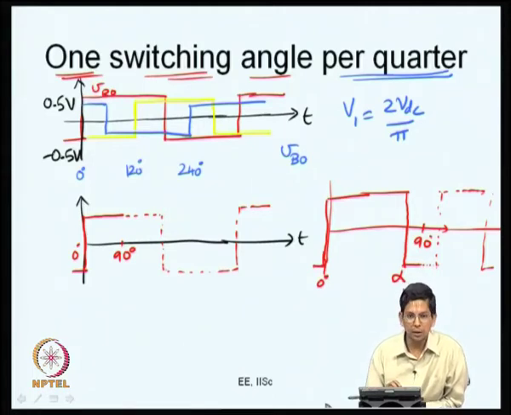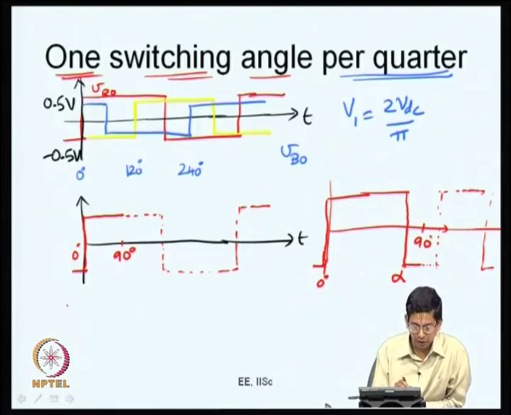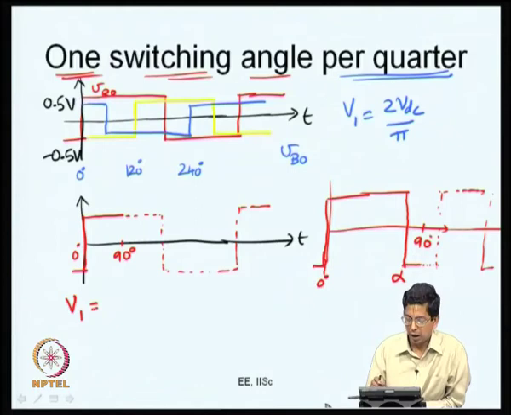So, what will be the fundamental voltage? If you use Fourier series, this is V1, and all that you need to do is integrate this waveform as we were doing. We are considering only up to pi by 2, and the waveform value is VDC by pi.